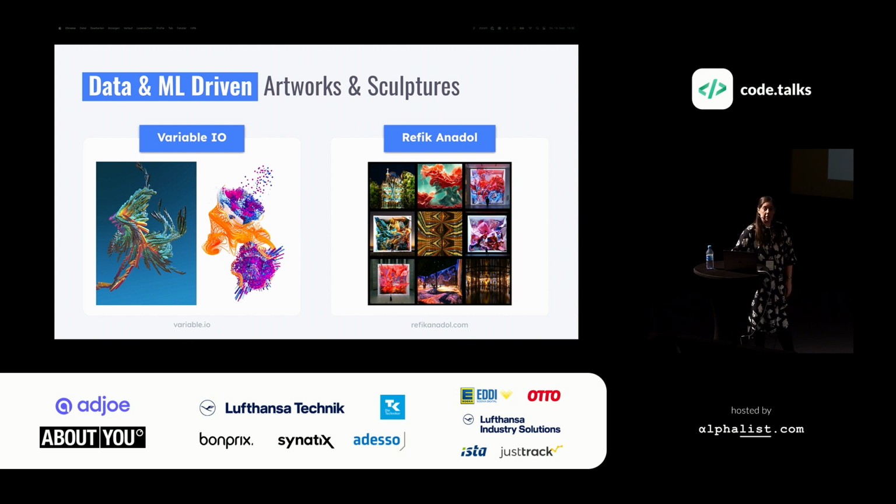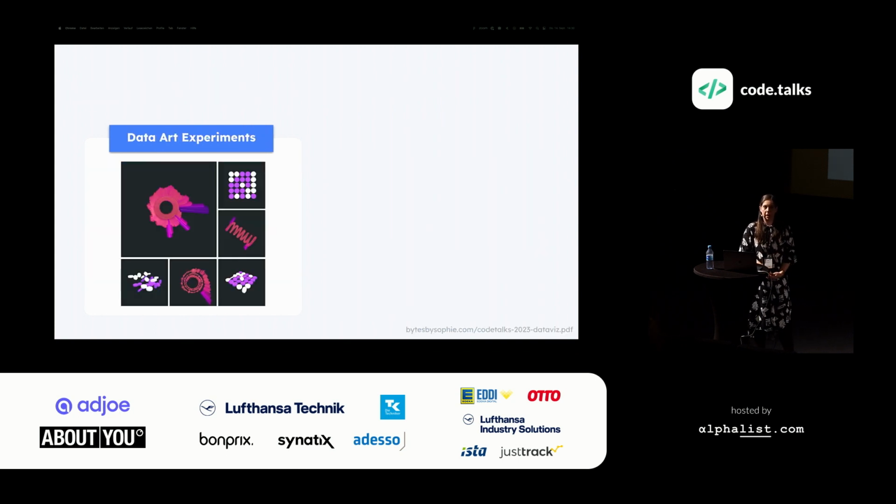So that inspired me to research a little bit on my own to create some kind of interactive 3D browser-based data sculptures. And these are just some examples, at a very early experimental stage.